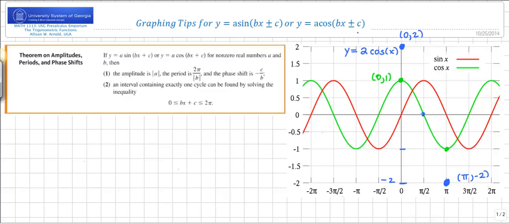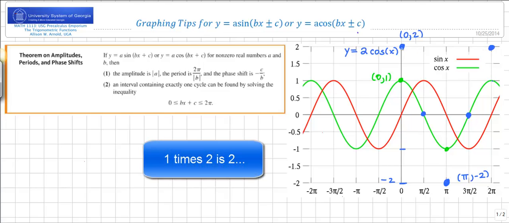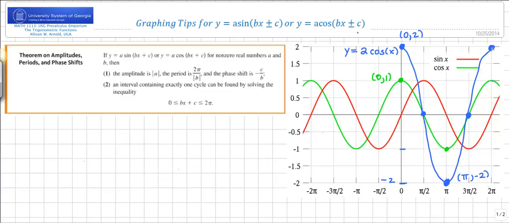If the y coordinate is already 0, 0 times 2 is still 0, and we'd have a vertically stretched graph.